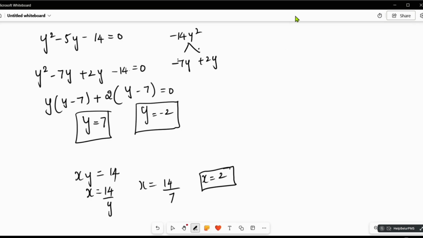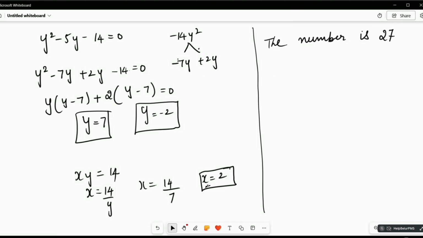So the number will be 27 because the tens place we have taken as x, ones place we have taken as 7. So 2 into 10 plus 7, that is 27.